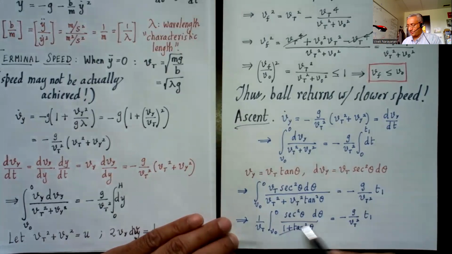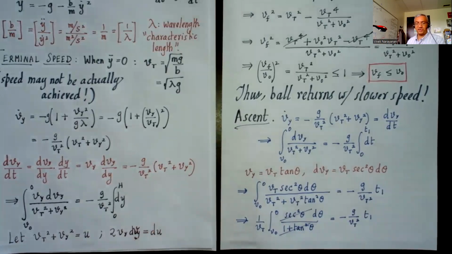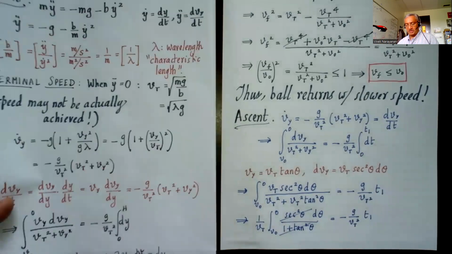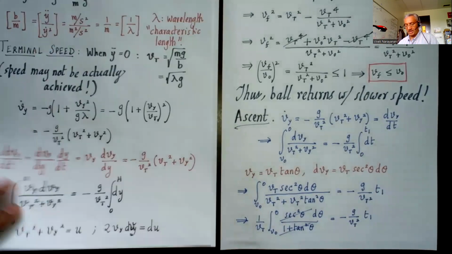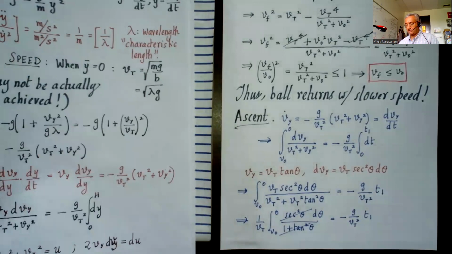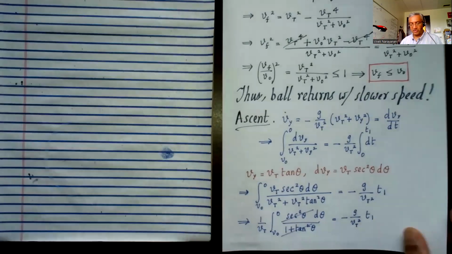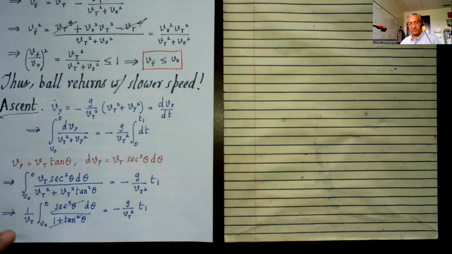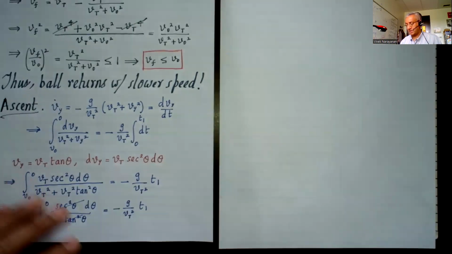Well, that's the entire rationale behind the tangent substitution. Secant squared is precisely 1 plus tan squared, so I lose the integrand, and now I just have the integral of d theta. Well, that's the simplest integral in the world. The integral of d theta is just theta.